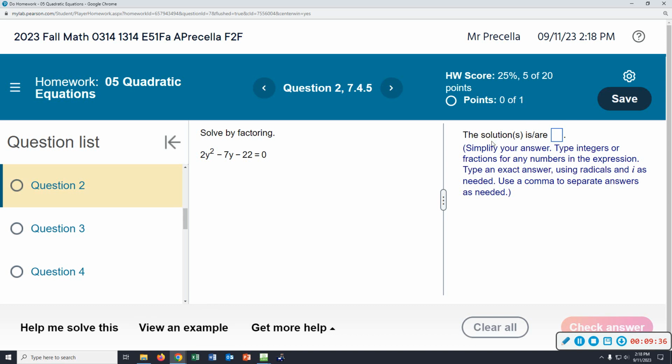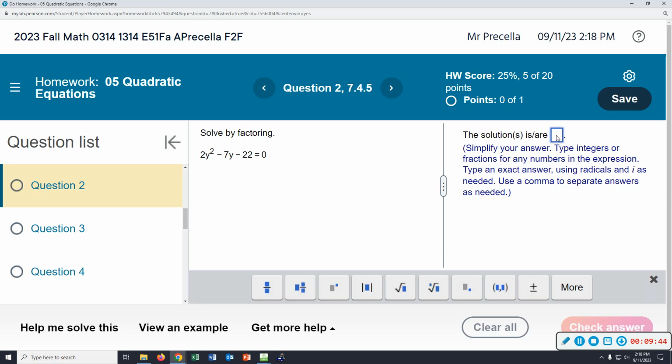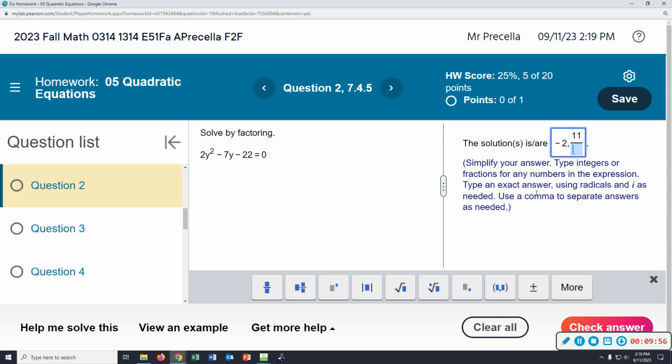Oh, notice here, the last time it would say x equals or y equals. Well, it doesn't on these. It says the solution is or are. There's 2 of them. Negative 2, comma, 11 over 2. I'll just type 11/2.